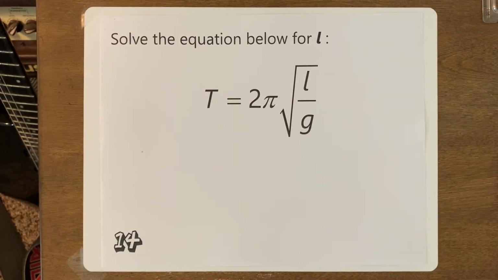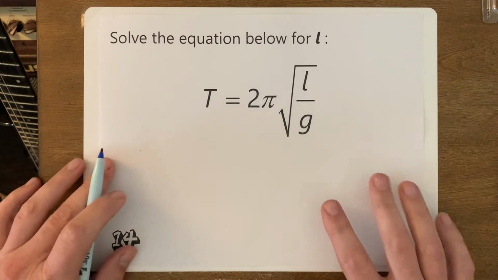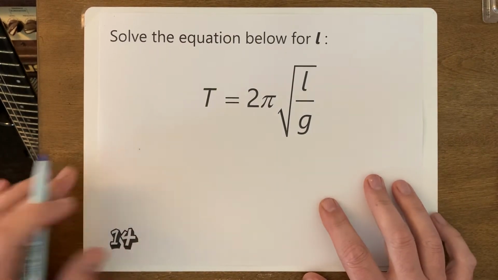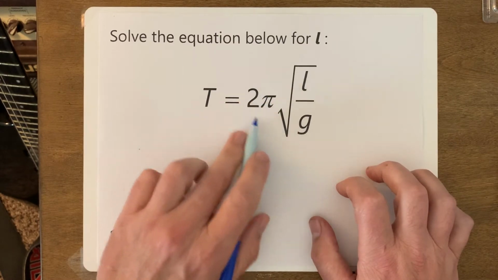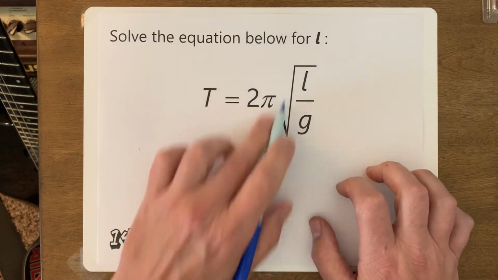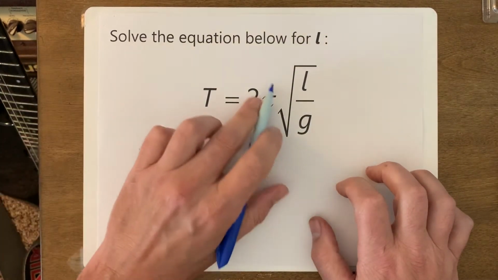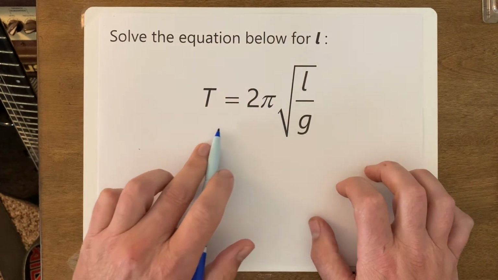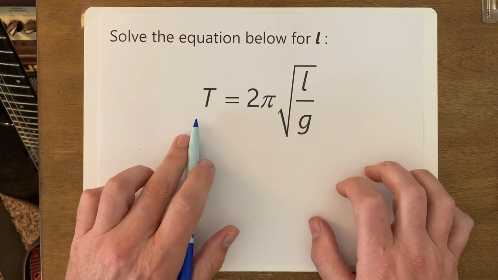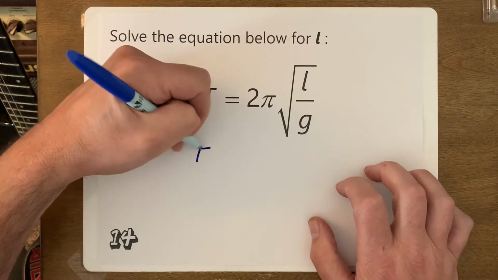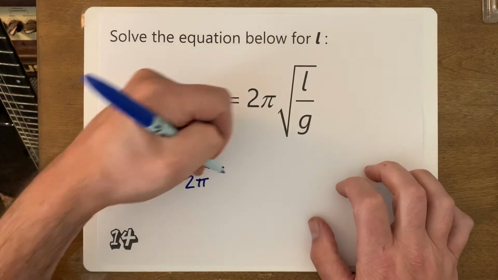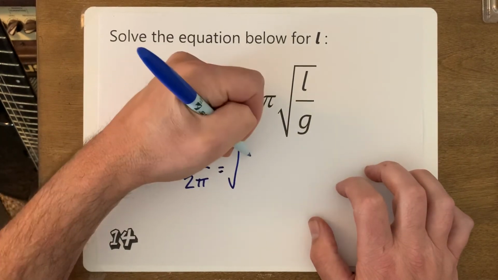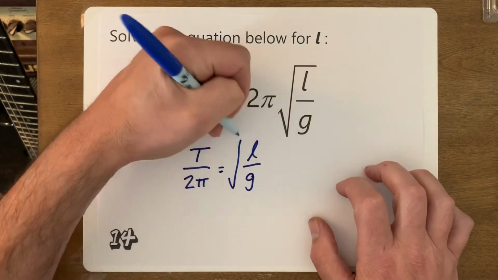The first thing I'm going to do, and after a while I'm going to start doing this, is the 2 pi has to go, because that's holding me up before I start digging into this square root. What's going to happen is this 2 pi is going to go underneath the T when I divide, right? So I already know that that 2 pi is going to go under there, and that's equal to the square root of L over G.